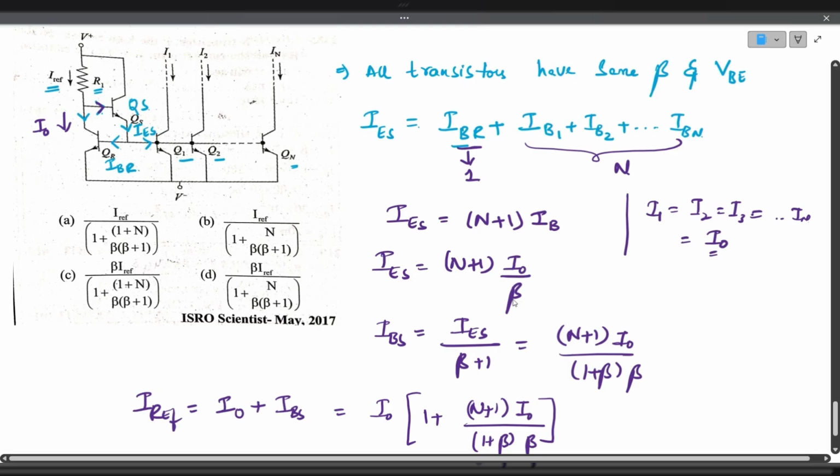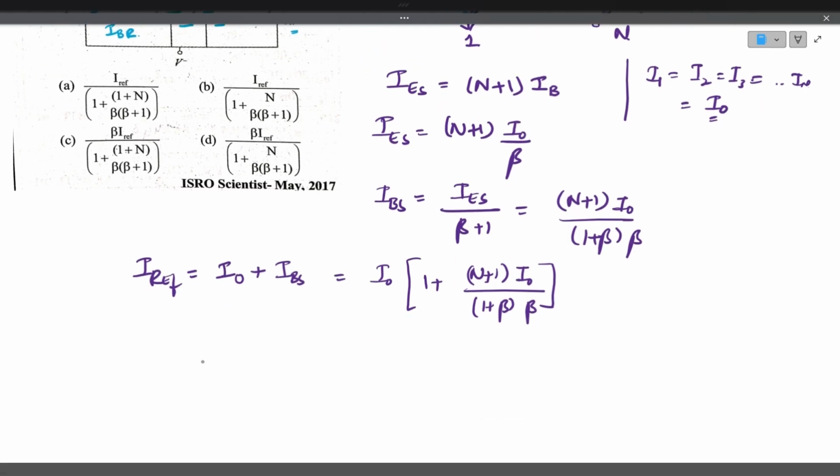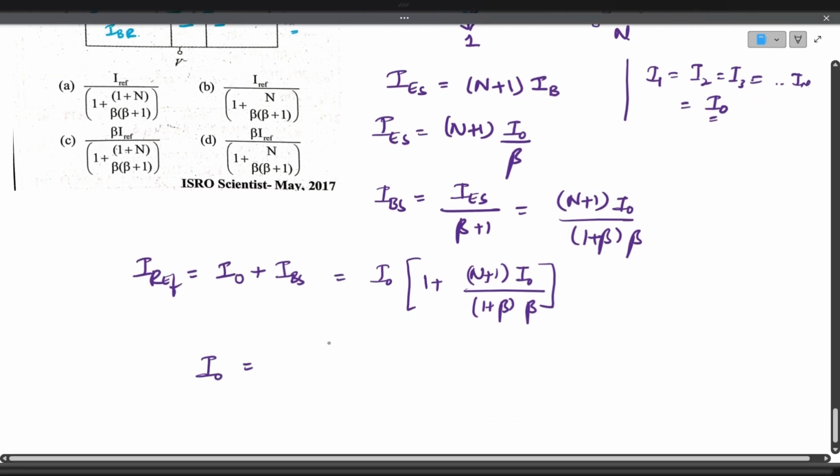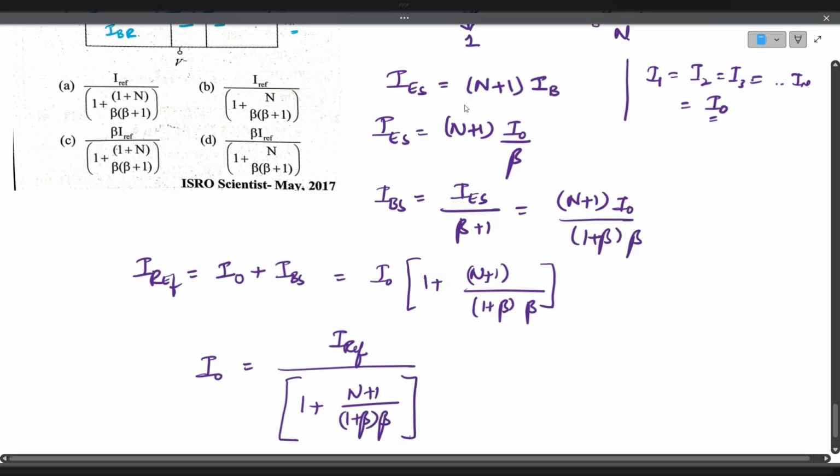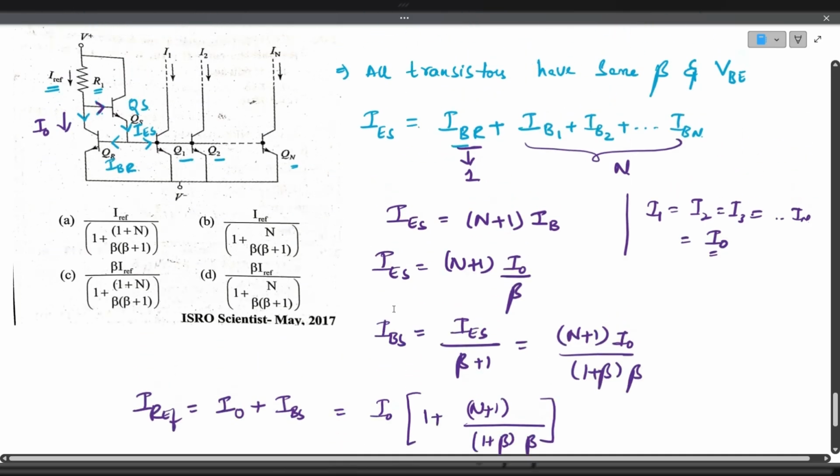So now the current I0 can be given as I reference divided by 1 plus N plus 1 divided by 1 plus beta into beta. So now the answer is option A.